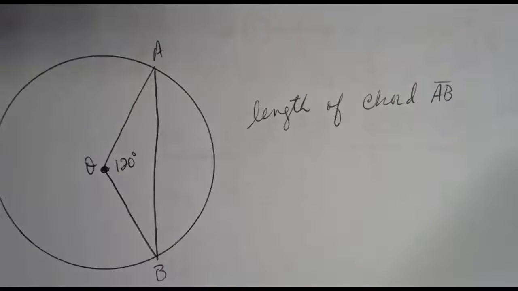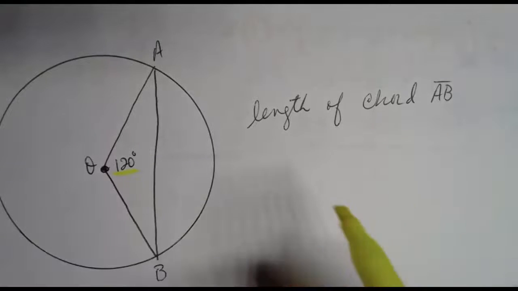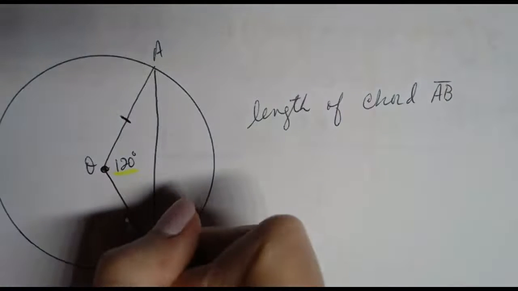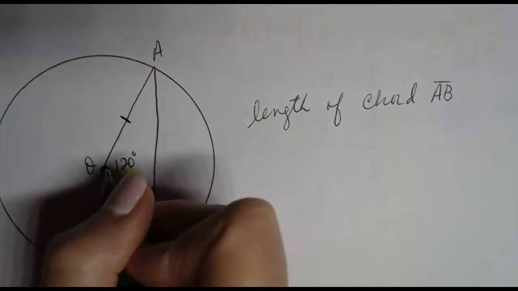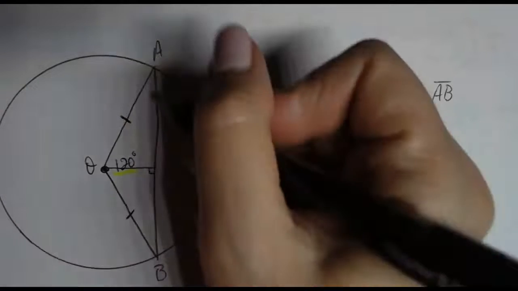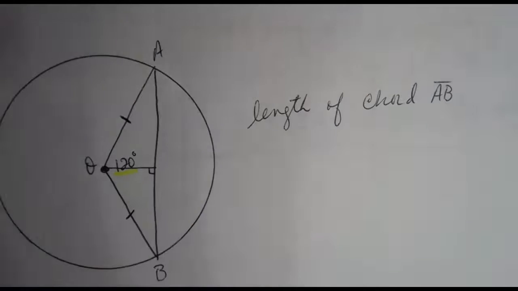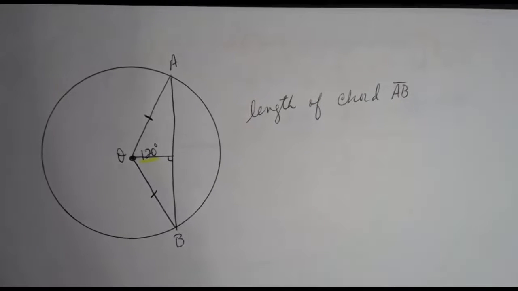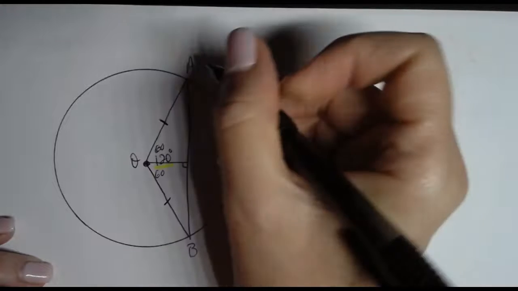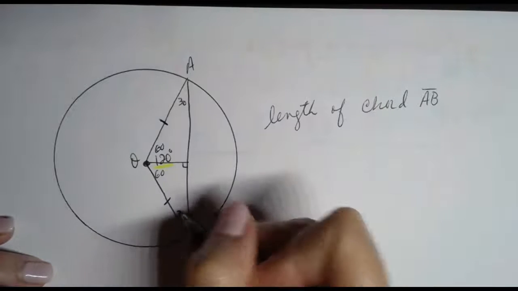The first thing I see is this 120. Because these two sides are radii, what we've got here is an isosceles triangle. If I bisect that angle, then I end up with a 60 and a 60, making both of these 30-60-90 triangles.